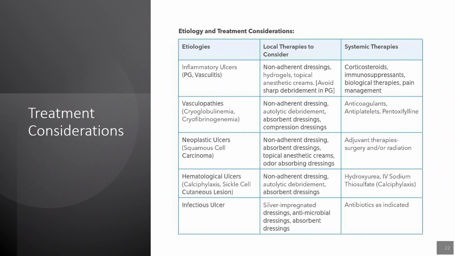Systemic therapies such as hydroxyurea or IV sodium thiosulfate in the presence of calciphylaxis have been successful. Infectious ulcers should be treated with silver-impregnated dressings or antimicrobial dressings that absorb exudate, and treat these wounds with antibiotics as indicated.